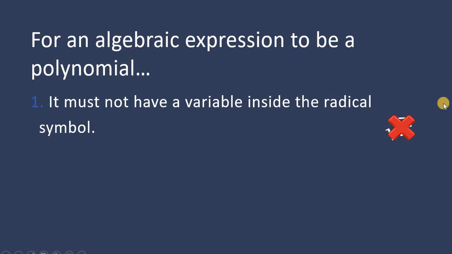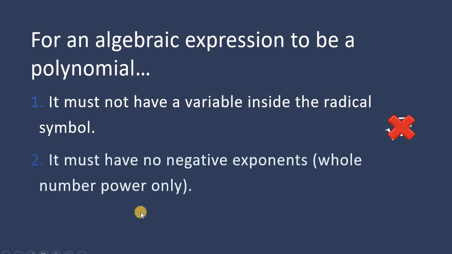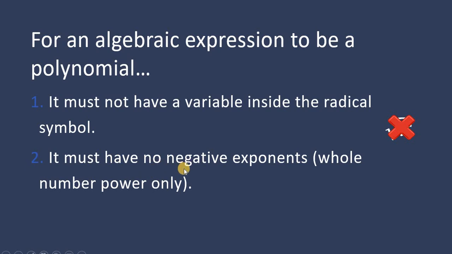This is not a polynomial kasi meron variable na nasa loob ng radical symbol. Hindi na pwede yon. Next condition, it must have no negative exponents. Whole number power only. So, ang exponents palagi dapat ng polynomials ay positive whole numbers. So, lahat lang ng whole numbers. Okay? So, for example, 9 raised to negative 2, that is not a polynomial.